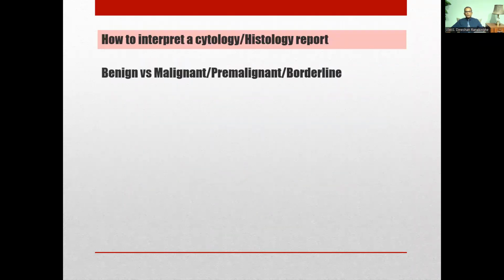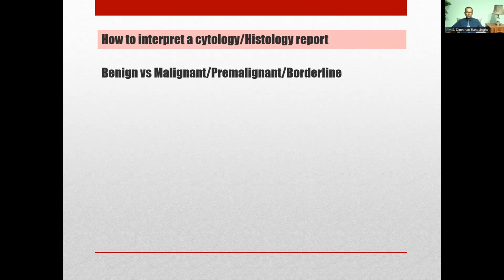So when you are going to interpret the cytology and histology reports, it is going to be either benign or malignant. The malignant ones can be very invasive ones, or the pre-malignant ones, or borderline cases. So depending on the structure of the body where you find the lesion, this can differ.